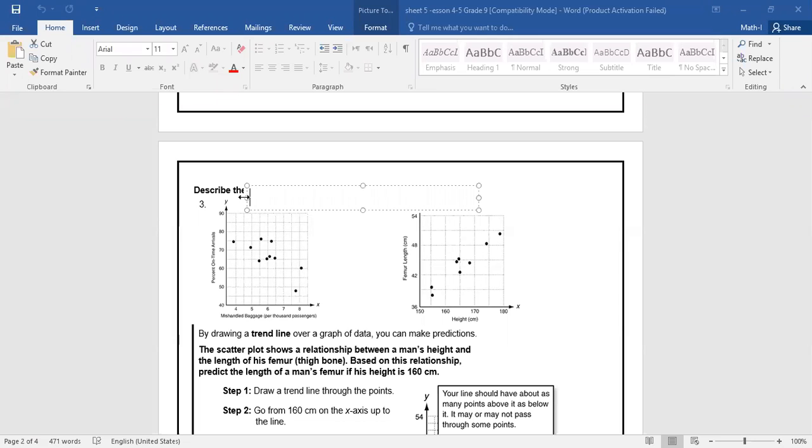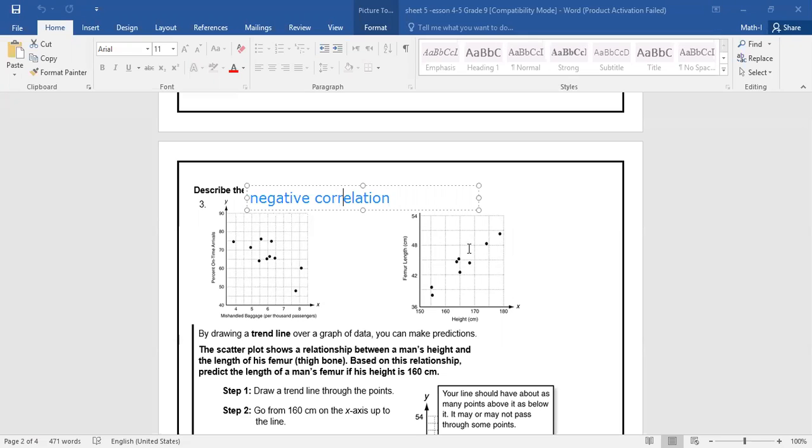It will be a negative correlation. Why? Because the data decreases, going down from left to right. So it will be a negative correlation.